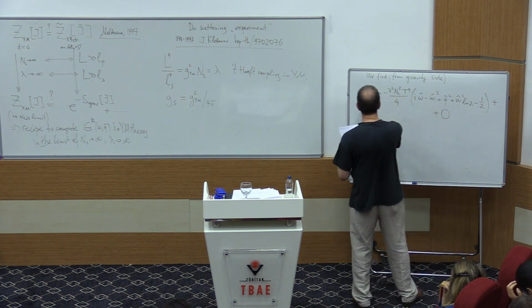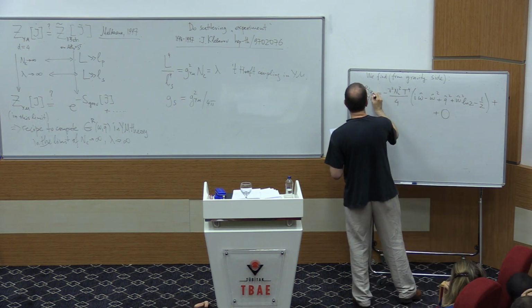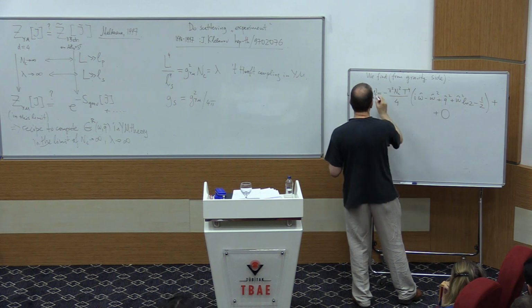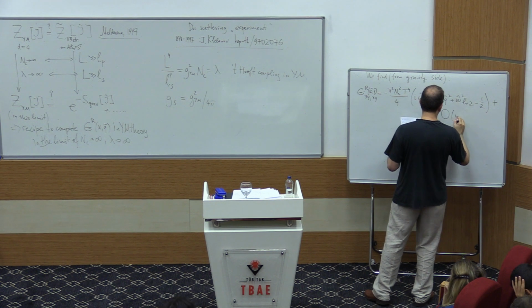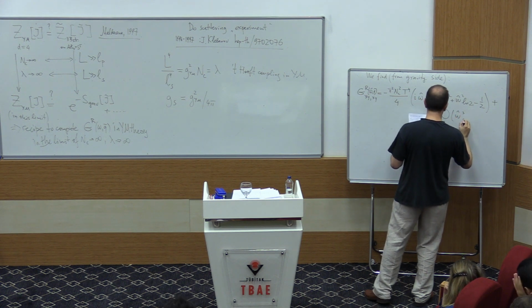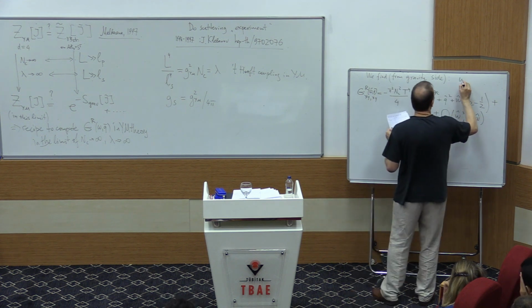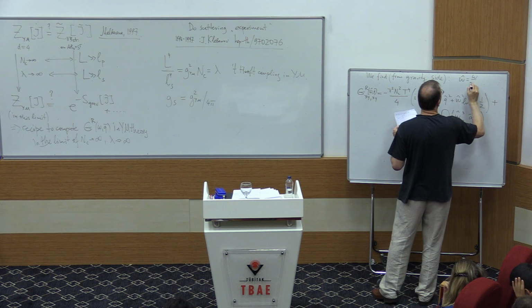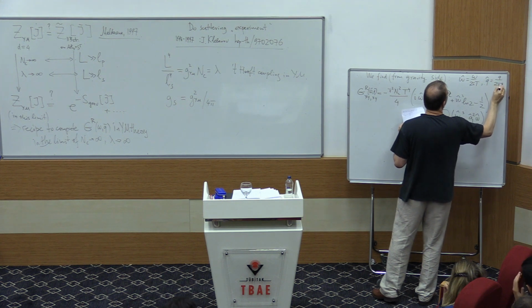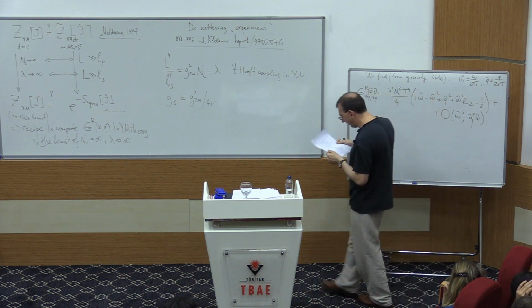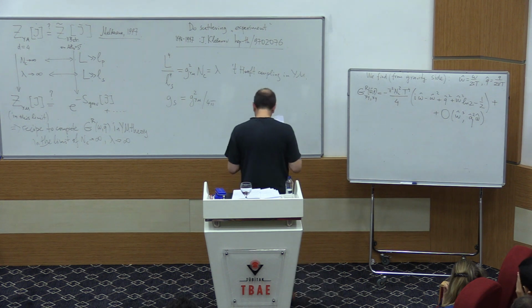In principle, this can be computed exactly for any omega and q, but this is the expansion for small omega and q, plus cubic terms in q hat squared omega hat, where omega hat is just a notation, omega divided by 2 pi T, the Matsubara frequency, just for convenience. And q hat is the same: q divided by 2 pi T. T is the temperature.